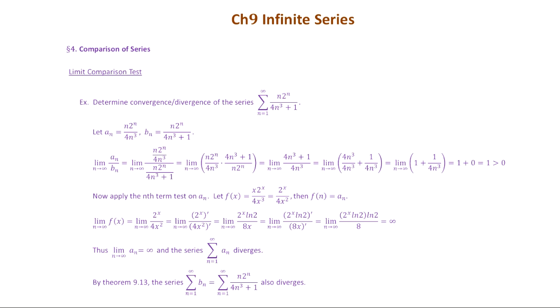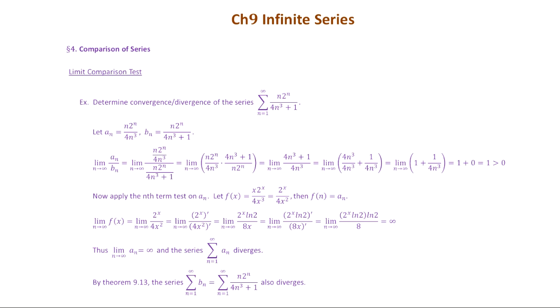And at the bottom, the derivative of 8x is just 8. So now you can evaluate the limit easily, because you just get a constant at the bottom, but you do have 2 to the x on top. So the numerator blows up and the denominator is constant. So the result will be blowing up. So this limit approaches infinity.